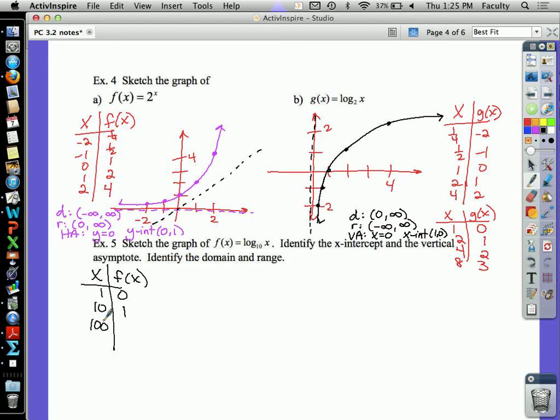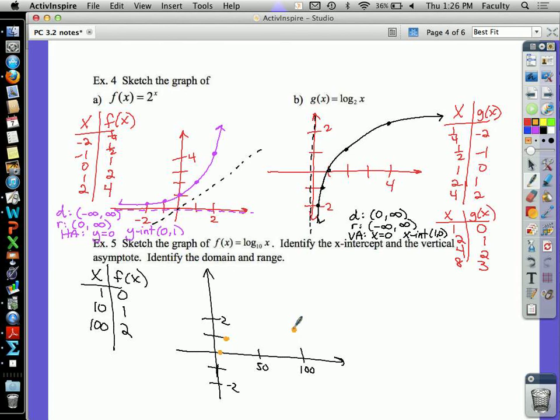And so the log of 100 base 10 would be 2. We can get a little lazy here and just make it go 50 and 100. So you're going to have to guesstimate where 1 comma 0 is, 10 comma 1, and then 100 comma 2.